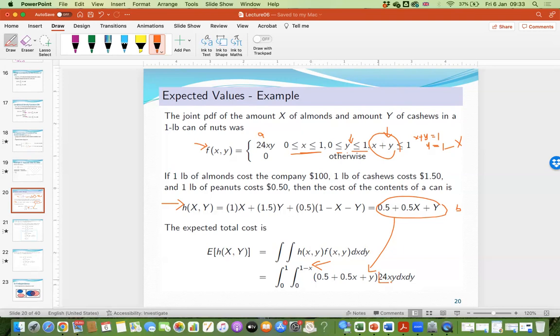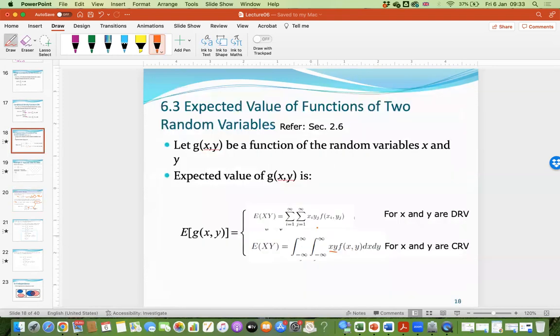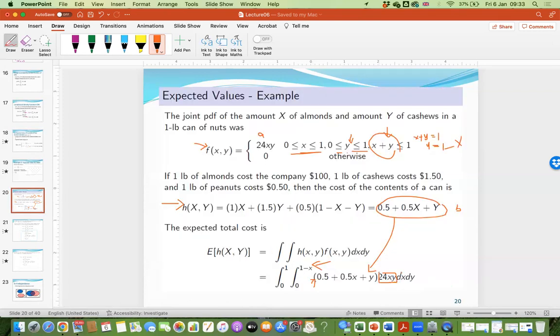So 24xy, and then times this. If you look at this, I'm looking for the xy. So in this equation, is something missing, or is it good to go?